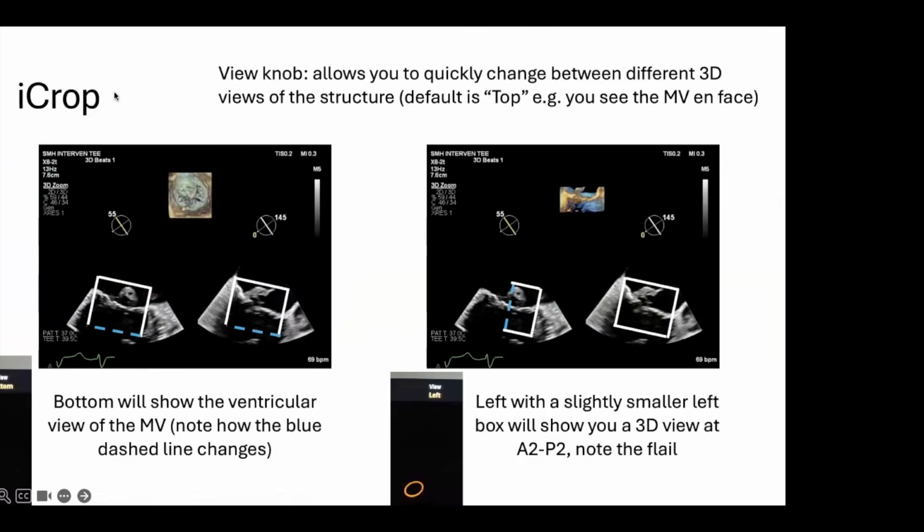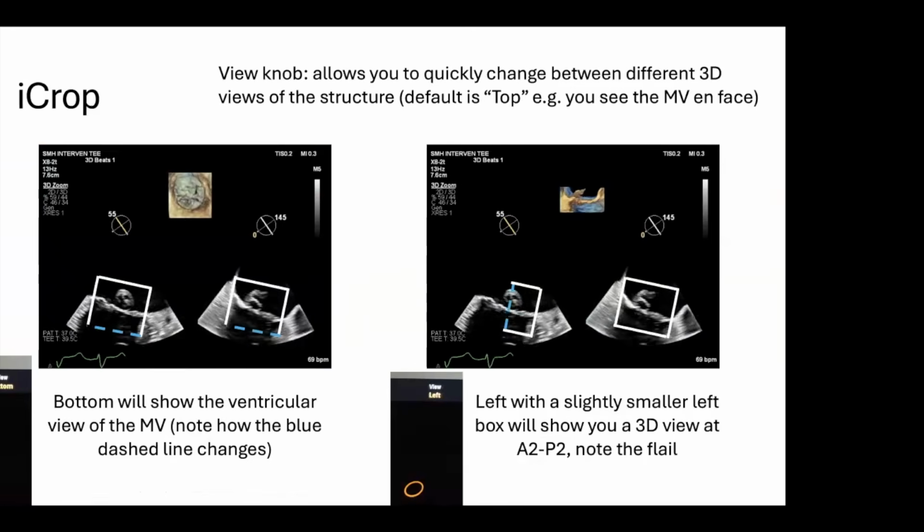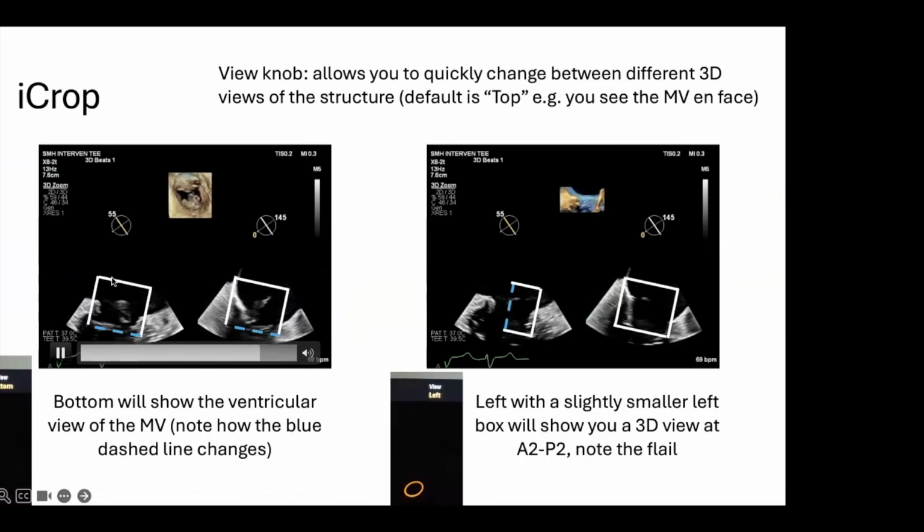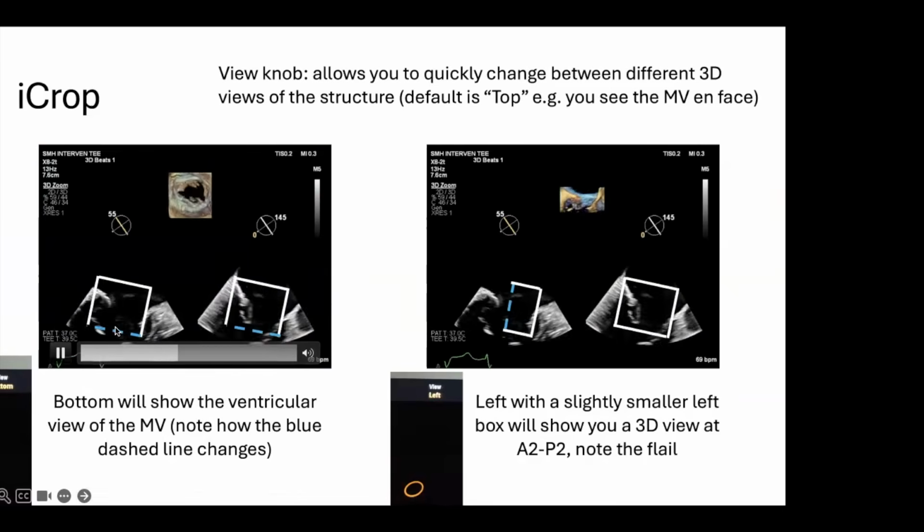Although I don't routinely use this, one of the handy features of this cropping feature is that you can use this view knob. There's this view knob down here that will then change the view. So you saw on the previous image that blue dashed line was on the top here, looking at the mitral valve from the atrial view. This view bottom will look at it from the ventricular side.